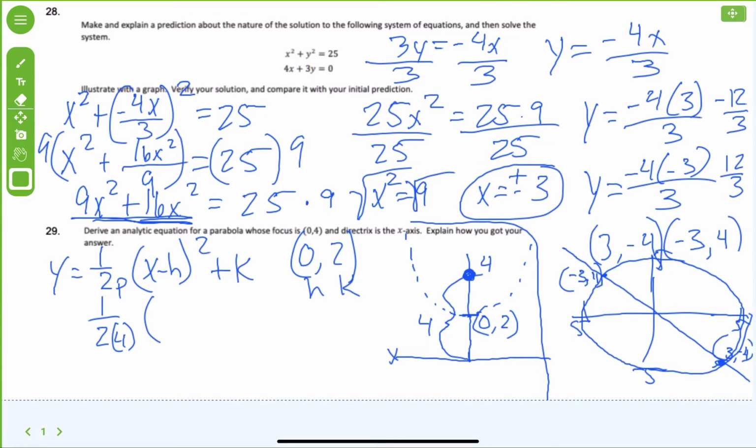That's 4. x minus h was 0, plus k. So that would be y is equal to 1/8 times x squared, because x minus 0 is x squared, plus 2. That's it.